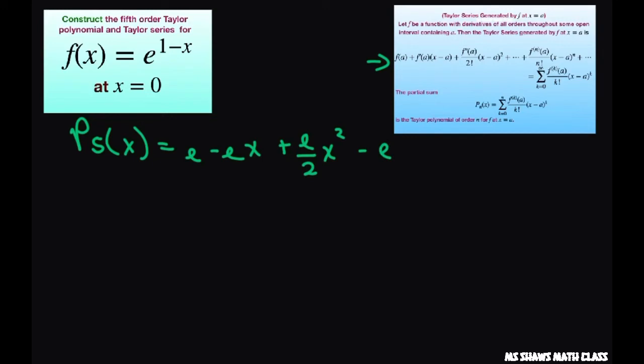Our fifth order polynomial is, going by this formula, e minus e times x, plus, and then we have the 2 factorial, which was 2, x squared, minus e times x cubed, and then 3 factorial would just be 6, plus e divided by 24, x to the 4th, this is 4 factorial there, minus e, and this is x to the 5th power, and 5 factorial is 120.